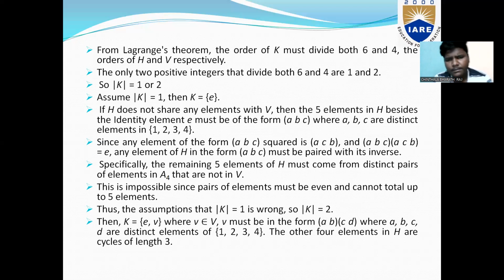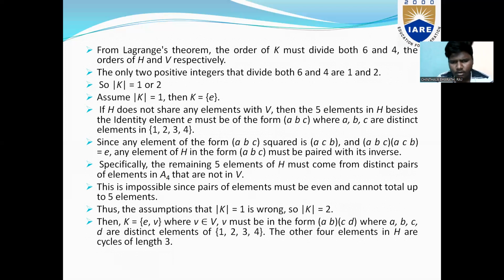The remaining 5 elements of H must come from distinct pairs of elements in A4 that are not in V. This is impossible since pairs of elements must be even in number and cannot total up to 5 elements. The assumption that K equals 1 is wrong.